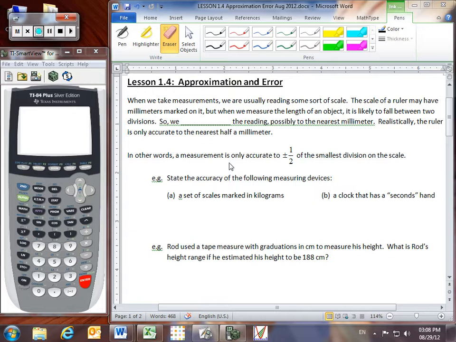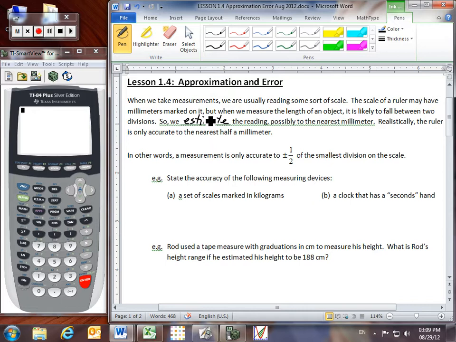So when the true length of an object falls between two divisions, in order to be able to discuss it, we need to estimate the reading. And if it's on a ruler, we'll probably estimate to the nearest millimeter.